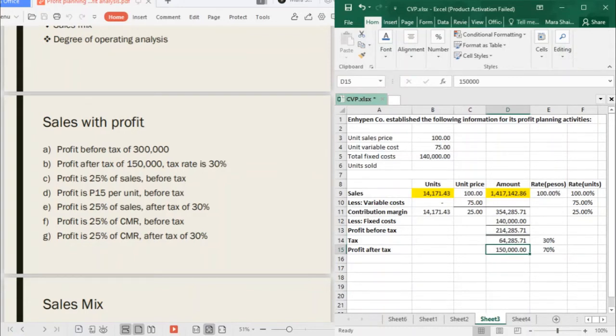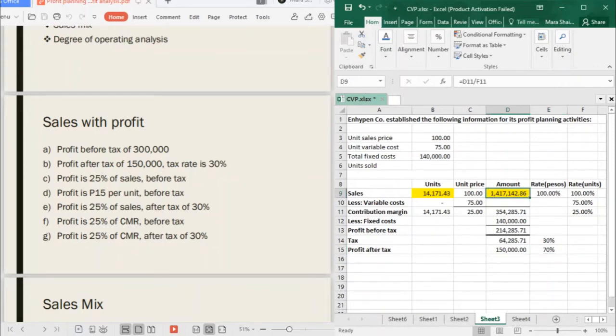The rest is the same as when you arrive at sales in unit or sales in peso, the same as the first one in letter A. What is highlighted here is how you can get the profit before tax. So it is simply your profit after tax divided by 1 minus your tax rate, or in this case 1 minus 30%, so you have 70%. The rest is the same as when you arrive at the answer.